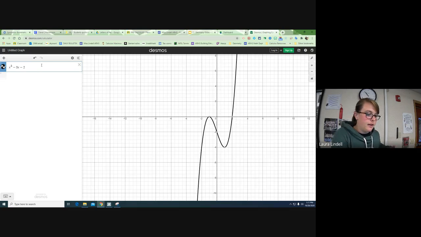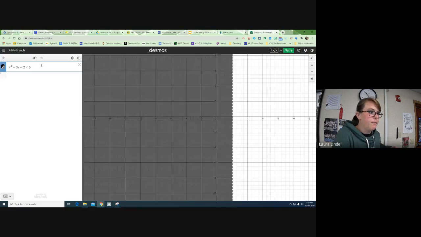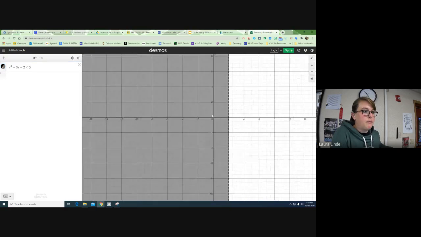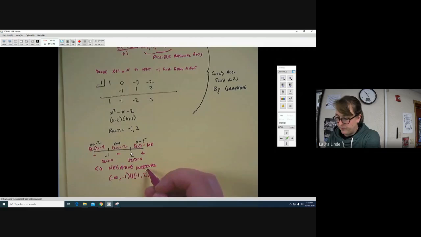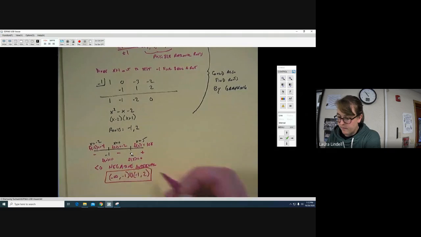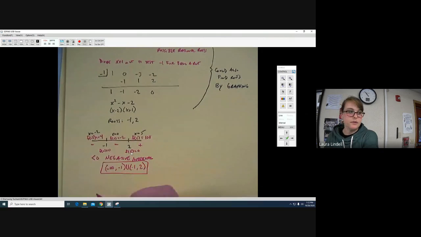If I were to put in less than 0, we would see that it's happening, but it won't always show you this discontinuity at -1. Okay. So this would be our interval. So just be careful with the or equal to when it's not an or equal to symbol.